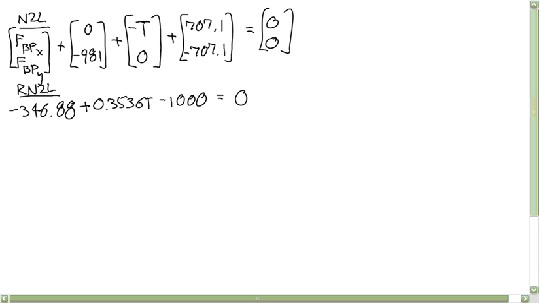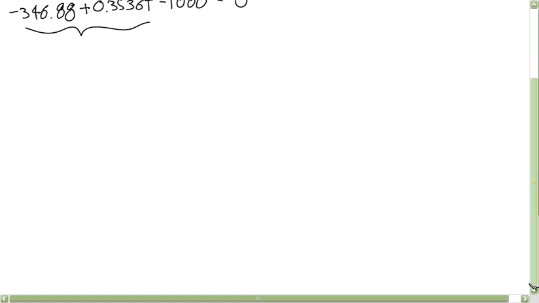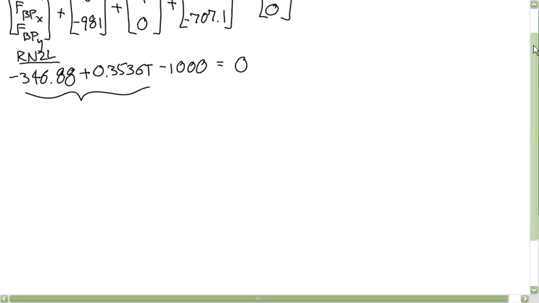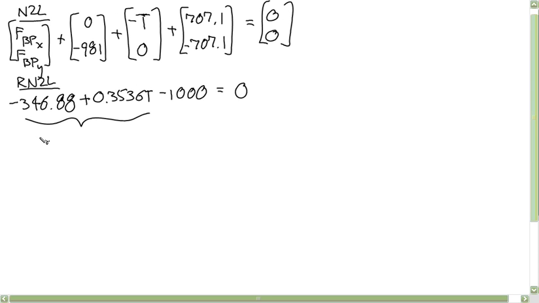Okay, so that gives us these three equations. I'll rearrange some stuff to put it in matrix form. Negative T plus F_BPx is equal to negative 707.1.